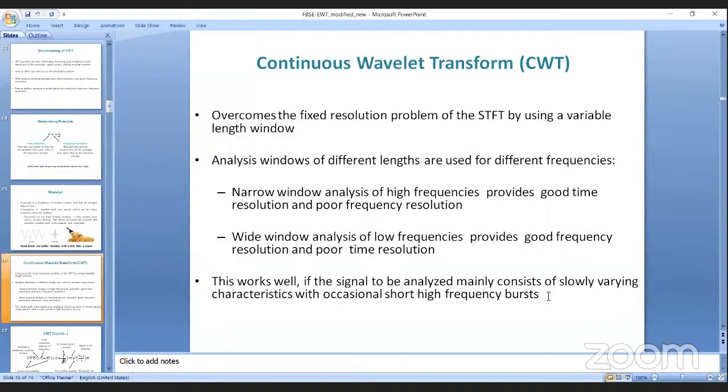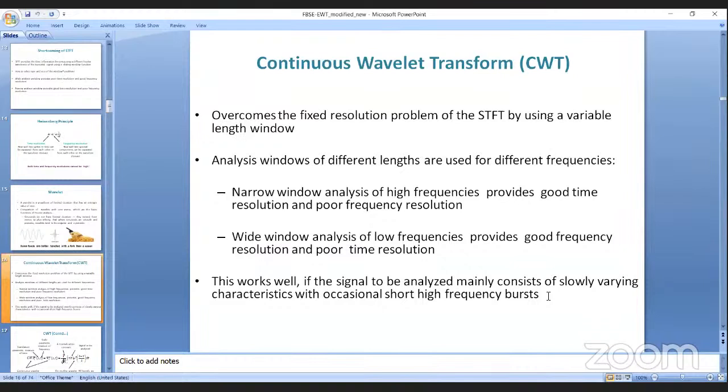When you use the wavelet as a basis function, such a transform is known as the continuous wavelet transform, or CWT. It overcomes the fixed resolution problem of the short time Fourier transform by applying a variable length window, which is controlled by the scale parameter. Analysis windows of different lengths are used for different frequencies.